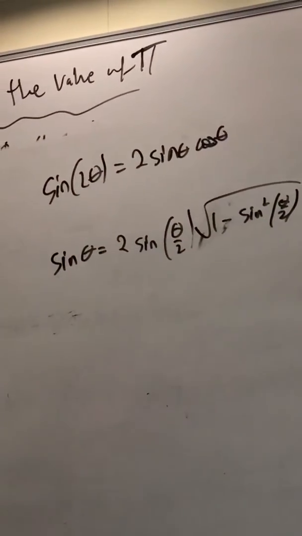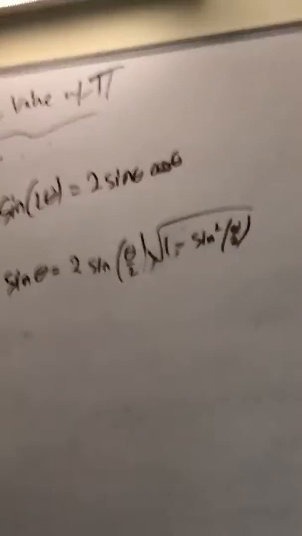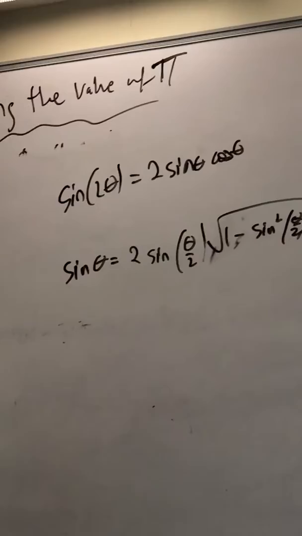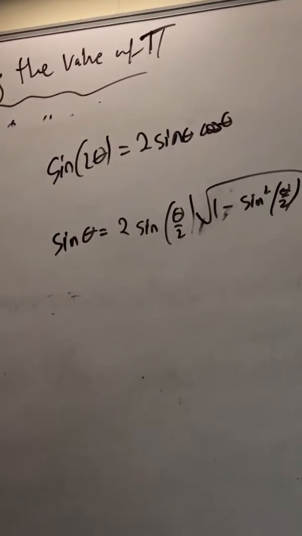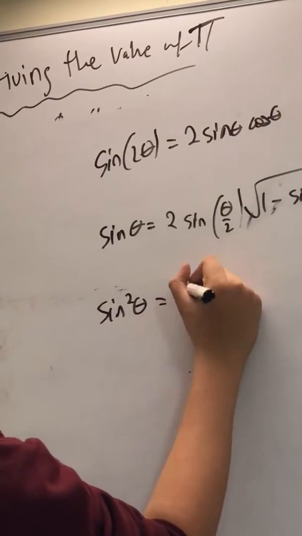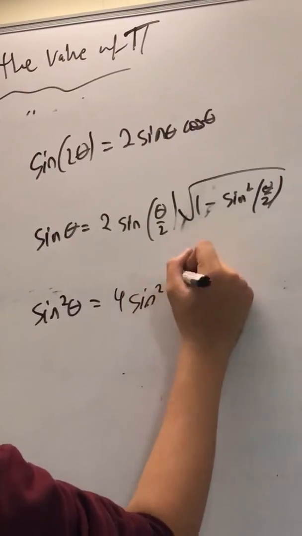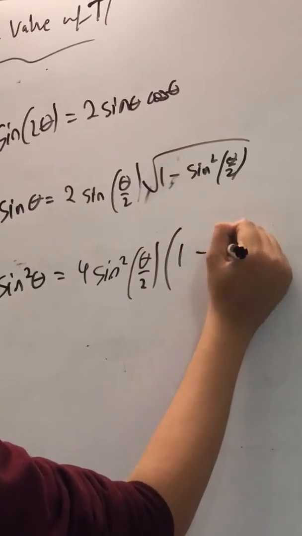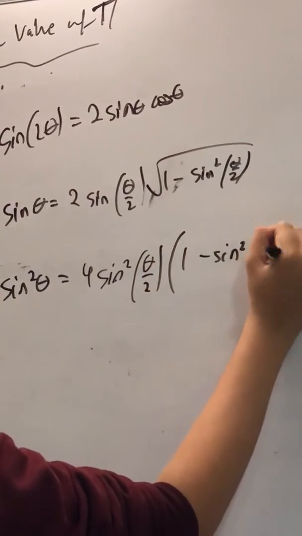Now, in order to proceed from here, we simply need to rearrange the equation. So, squaring both sides, we get sine squared theta equal to 4 sine squared theta over 2 times 1 minus sine squared theta over 2.